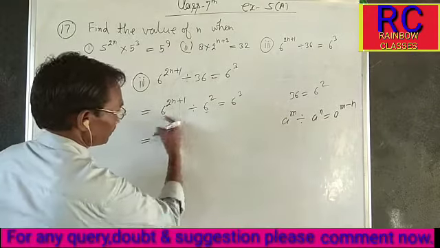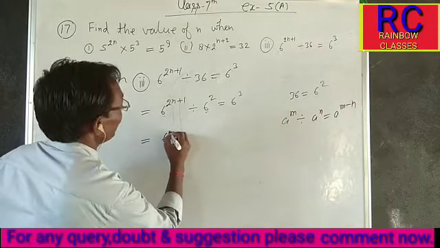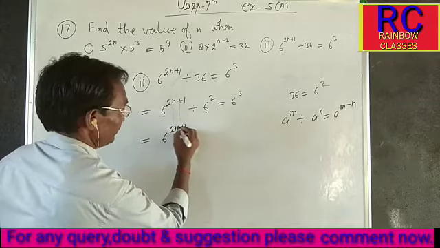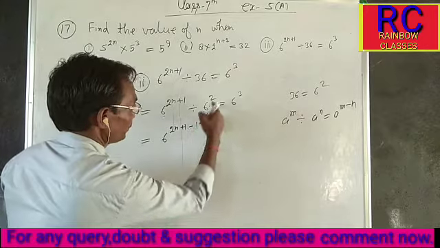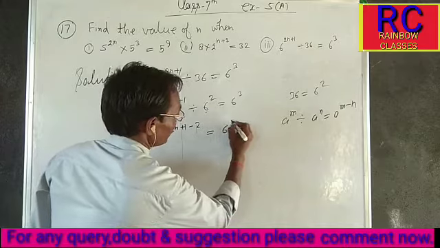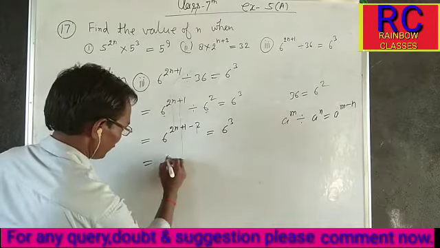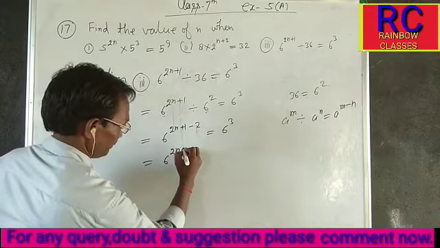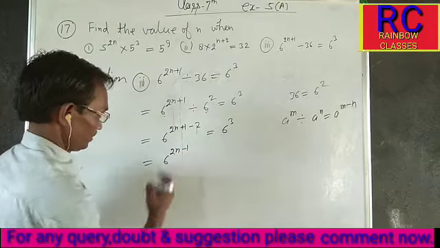Since the 6 bases are equal, we get 6 to the power 2n plus 1 minus 2, is equal to 6 cubed, that is 6 to the power 2n minus 1 plus 1 minus 2. We solve and get minus 1.